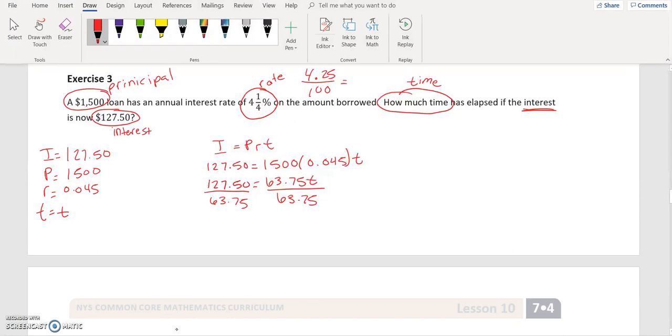That's easy, there's no rounding there. 2 is equal to T. T is a time, so 2 years have elapsed.